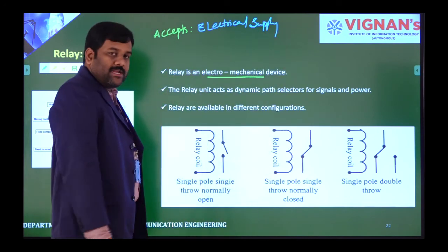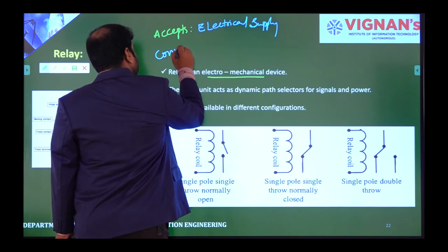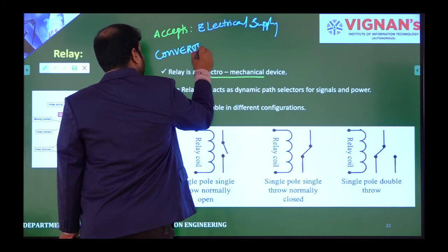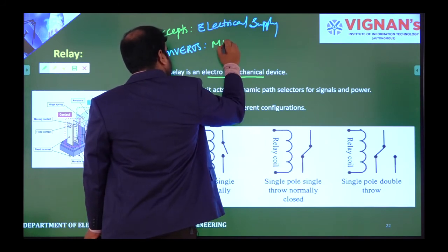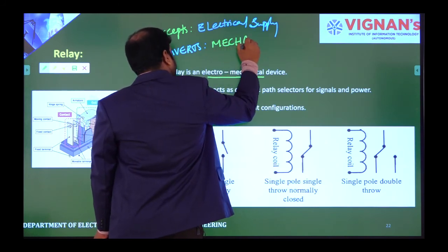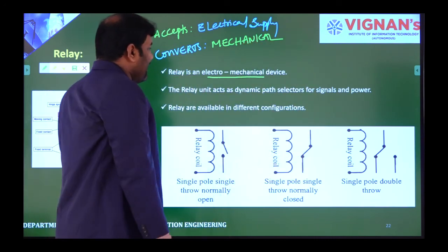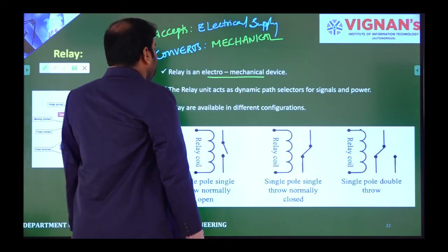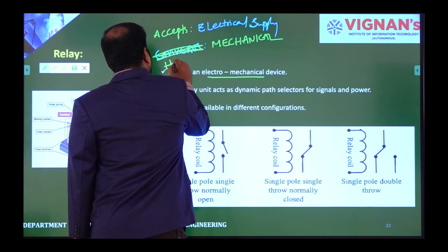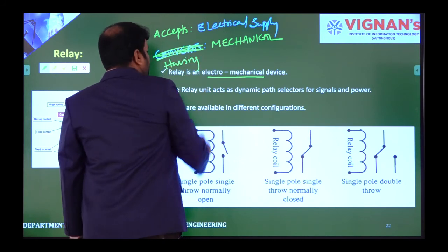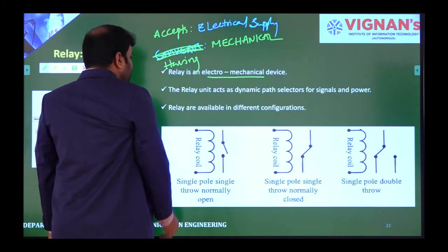It accepts input as electrical supply and converts it into mechanical energy. So relay is an electromechanical device. It is not converting, it is having mechanical operation in this relay.